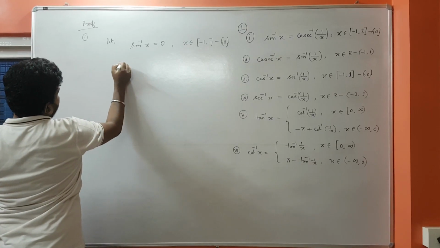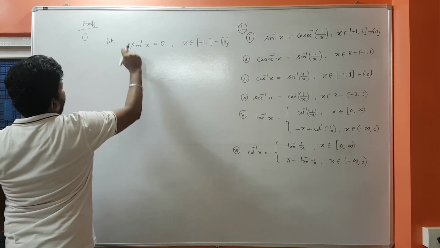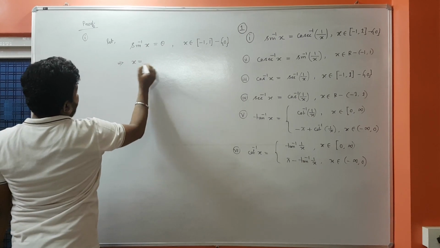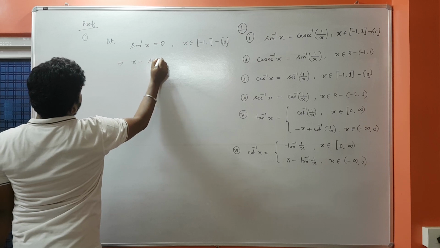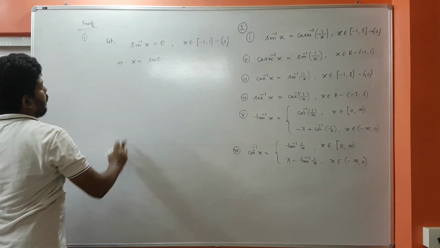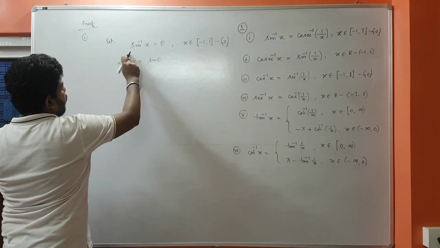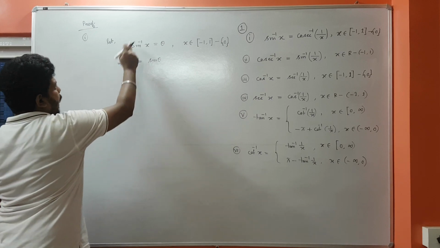That is, taking sine on this side, x is equal to sine theta. That means theta is equal to sine inverse of x, and x is equal to sine of theta.